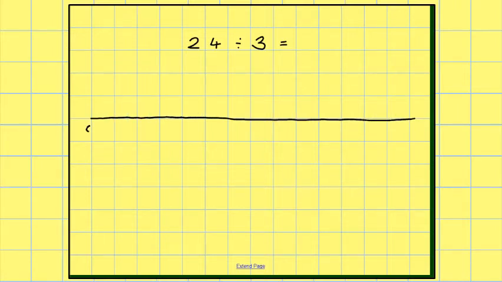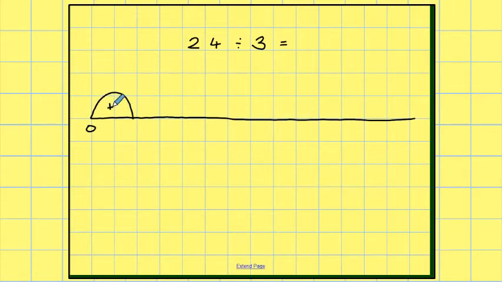We know it's empty because it starts at 0 and there's nothing on there. Now when we're solving division using grouping, we need to make jumps of the divisor, 3, until we reach 24.